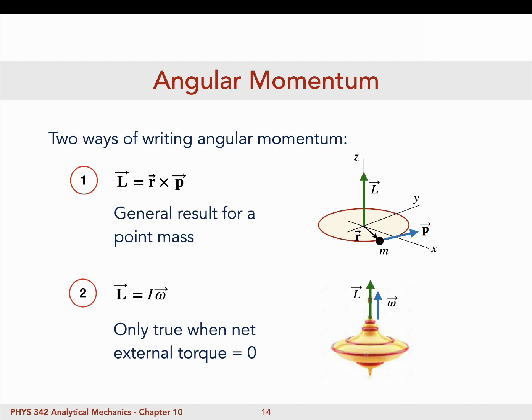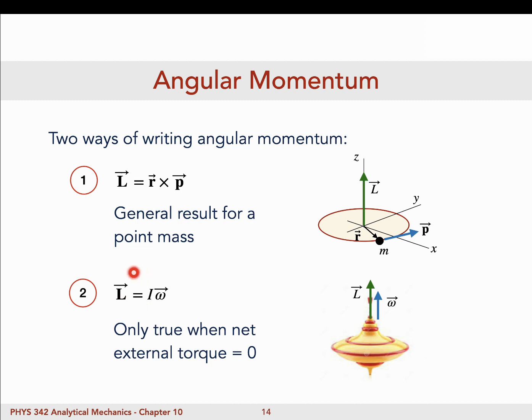The second result, however, only works when the object is spinning and requires no external torque to keep it spinning. If you just have a top and it's perfectly balanced, there's no torque acting on it, it can just spin like this, then this is a true statement. However, if you have an object that's lopsided or is spinning along an axis that isn't a symmetry axis, then this expression is not true.